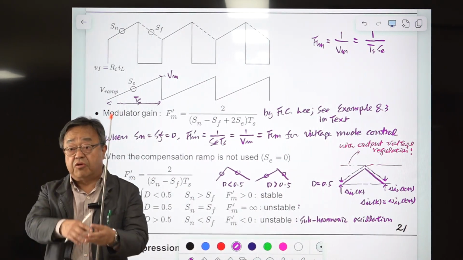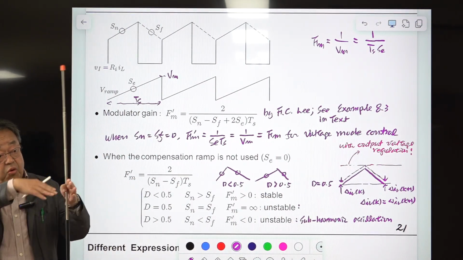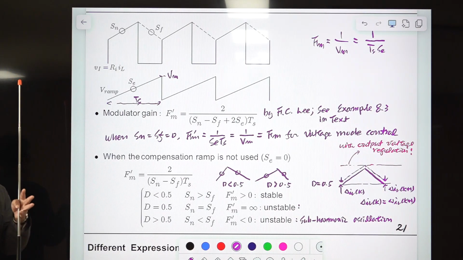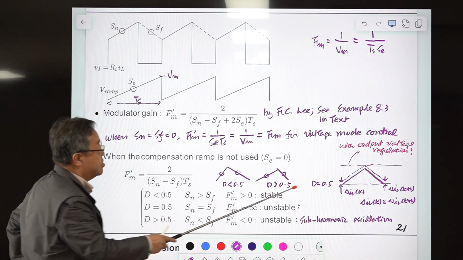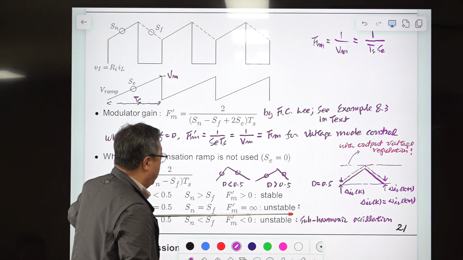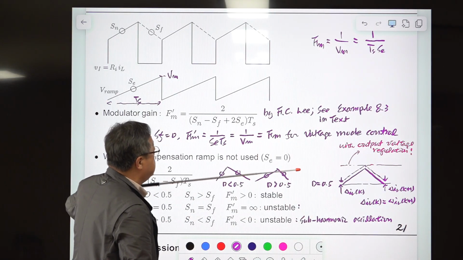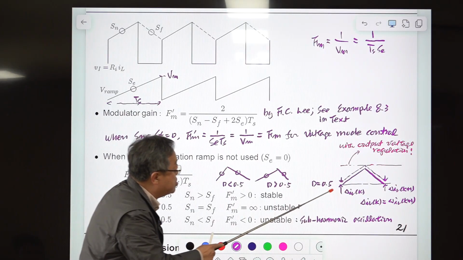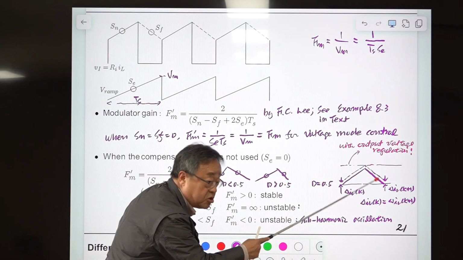This is the condition to generate sinusoidal oscillation in a linear circuit. So this is the case with the inductor current waveforms under this condition. There is no external ramp and the duty ratio is 0.5. The steady-state waveform is this one.